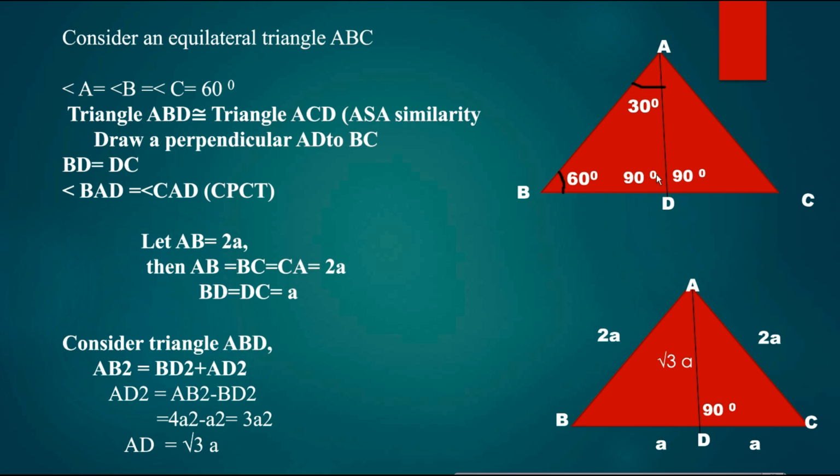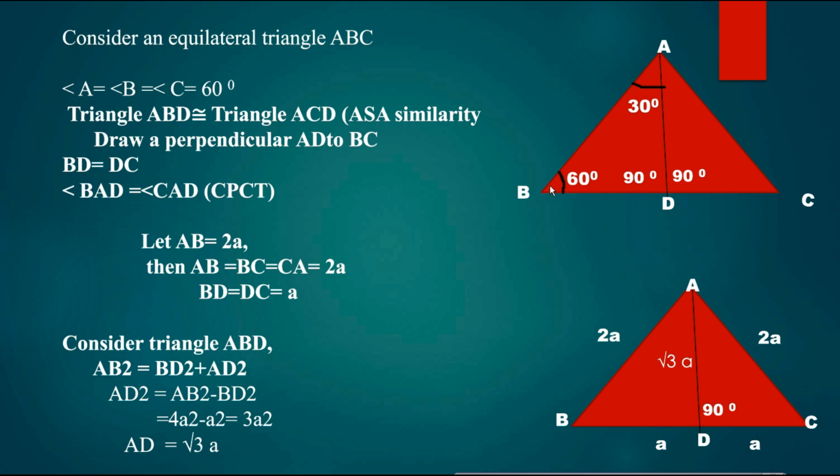Now draw a perpendicular AD to BC. Now you get two triangles ABD and ACD. These two triangles are congruent by the ASA congruence criterion. ASA is angle, side, angle.